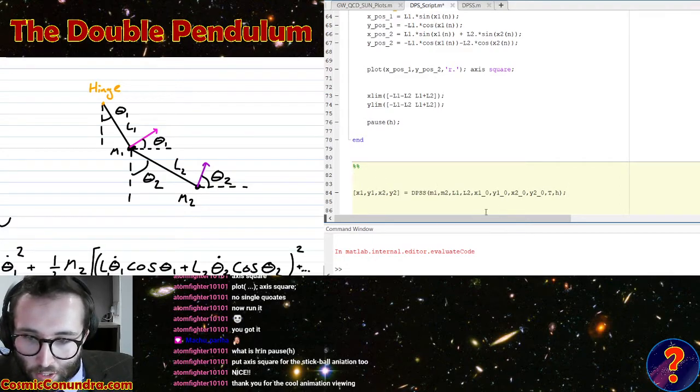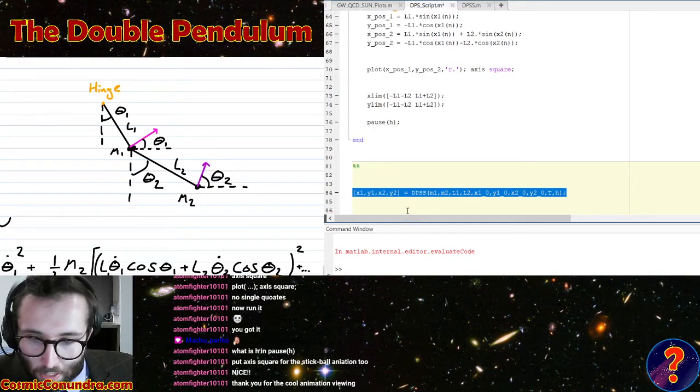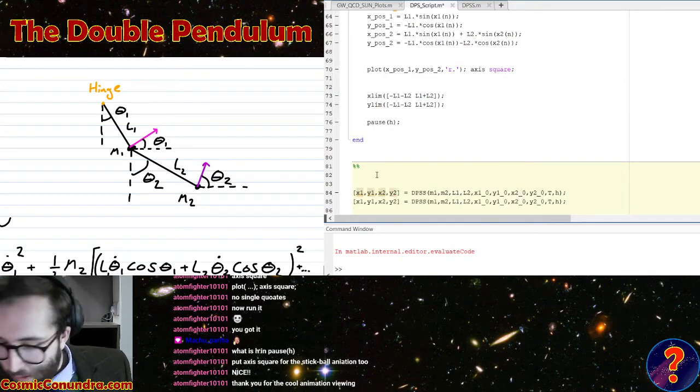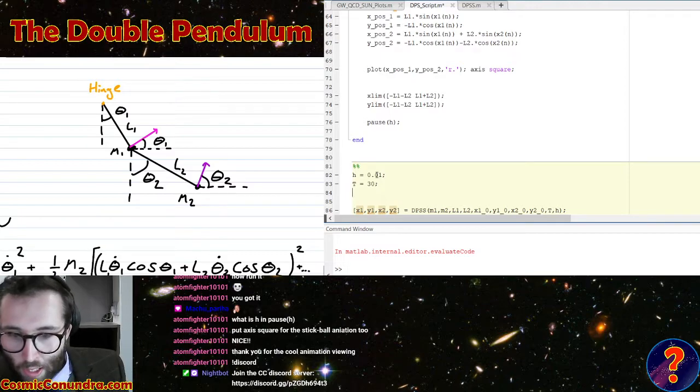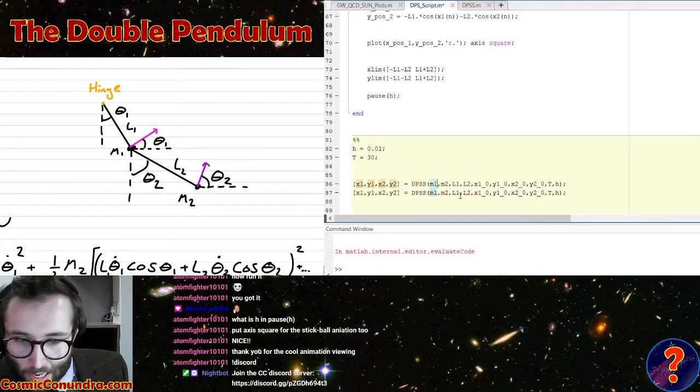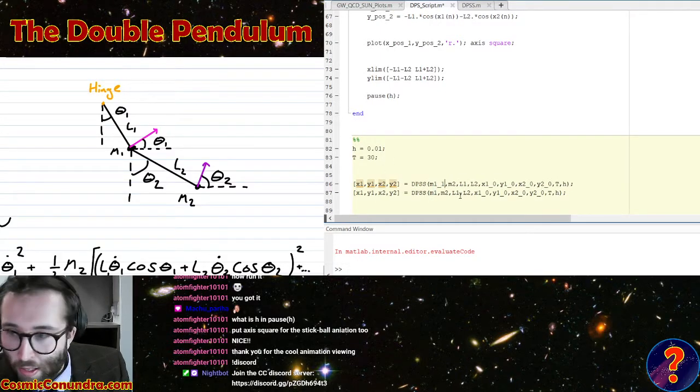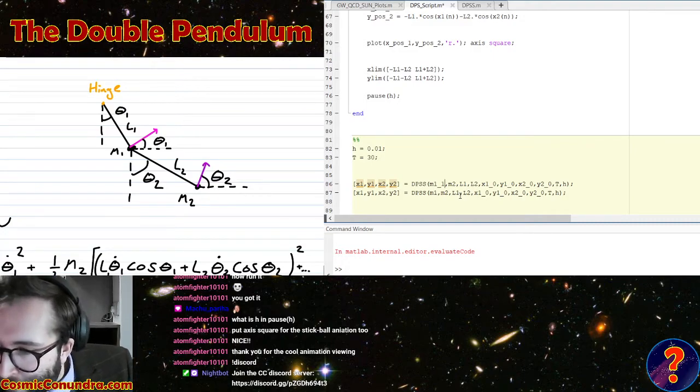And let's just put everything in. What I'm going to do is find two lots of solutions. So let's do it for the same time step, the same time duration, 30 seconds. And now, though, I'm going to have M1 with set 1 of initial conditions.